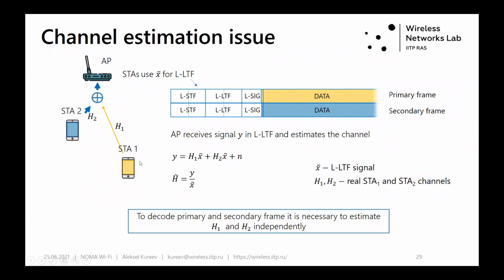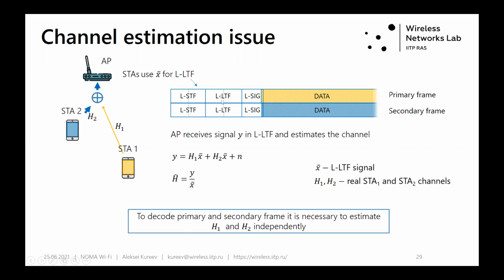Here you see this figure, and you see that STA2 has channel H2 and STA1 uses channel H1. If we just use a very simple superposition of these two signals, they overlap in time and frequency.